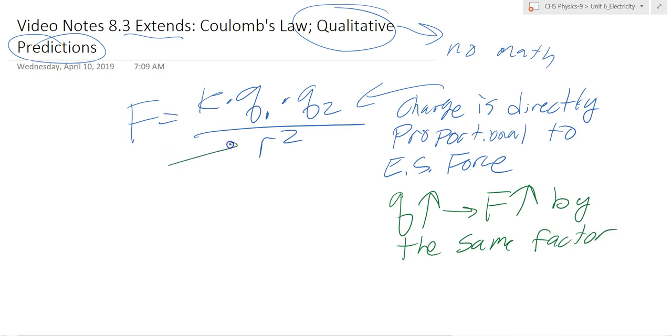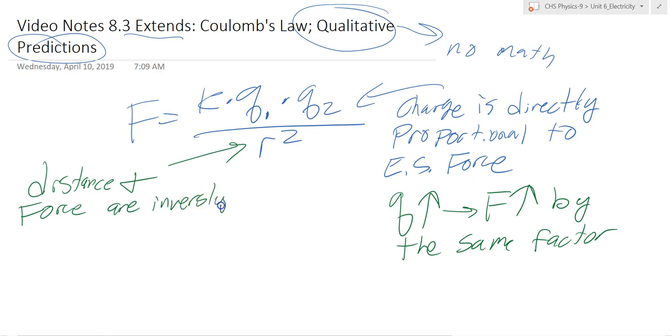Okay? But distance is inversely or indirectly related. So, distance and force are inversely or indirectly proportional.